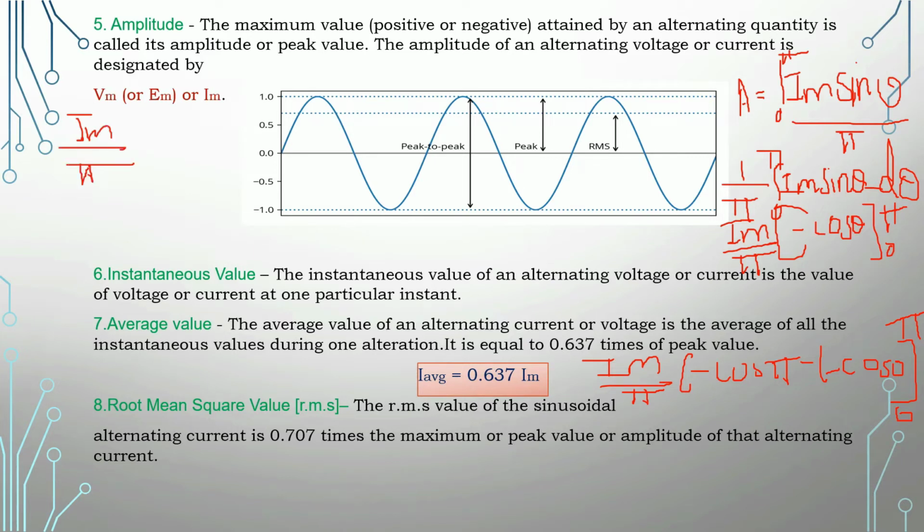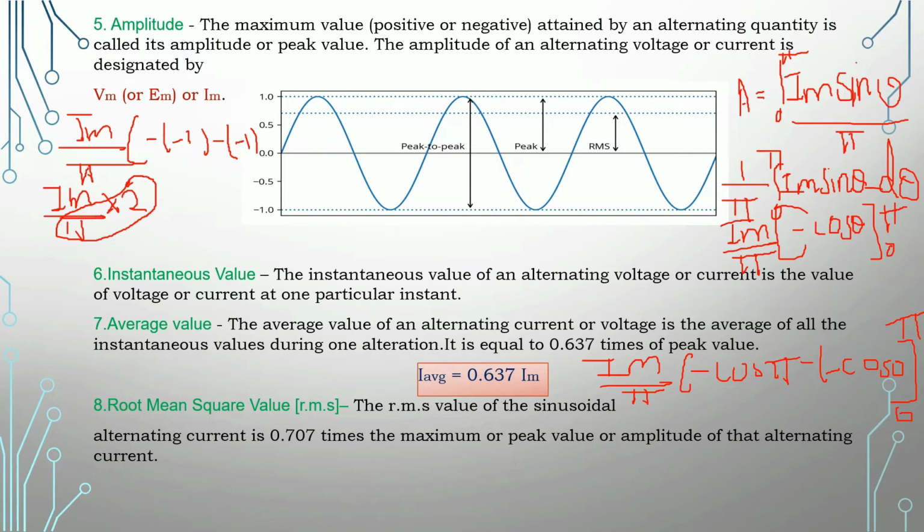The value of cos pi is -1, so minus 1 minus, also the value of cos 0 is -1. So we will get minus minus become plus, and finally we will get Im by pi into 2. On further calculation, 2 by pi is nothing but 0.637. So we get I average value is equal to 0.637 times peak value or amplitude.